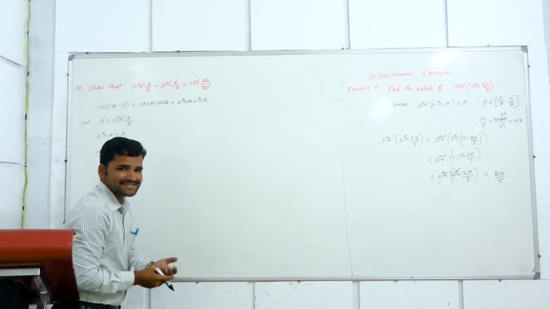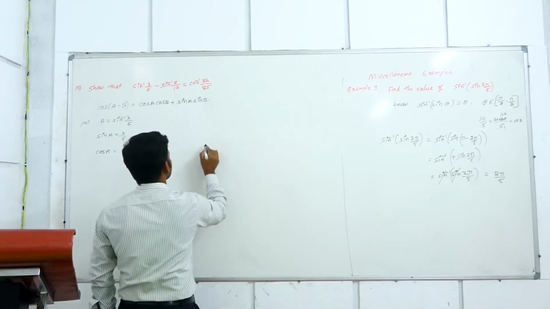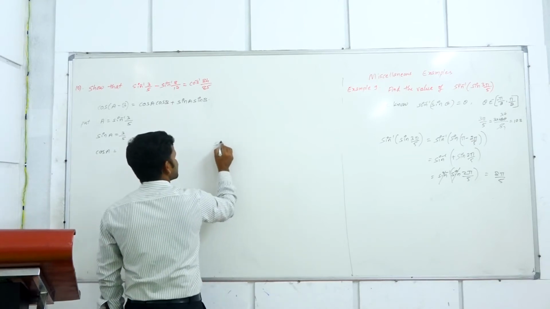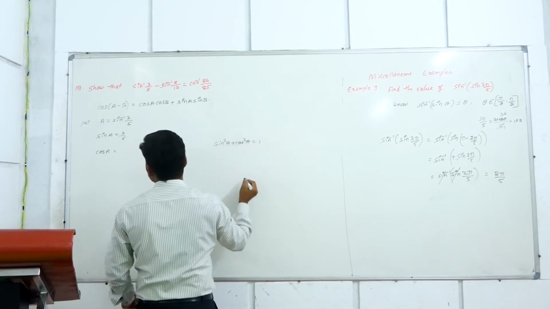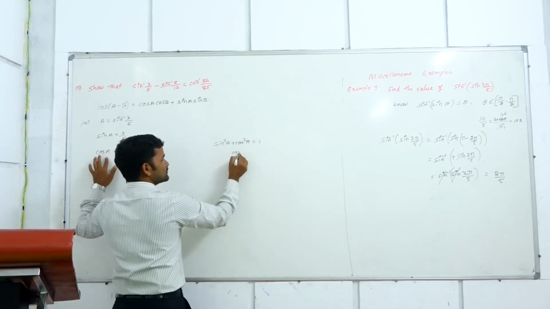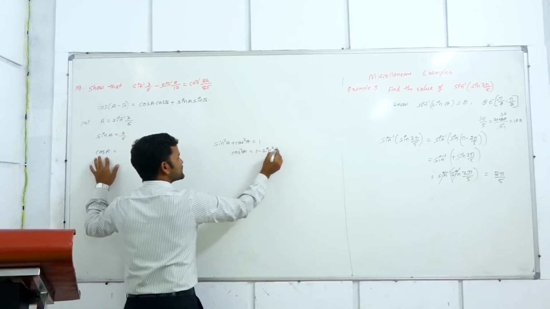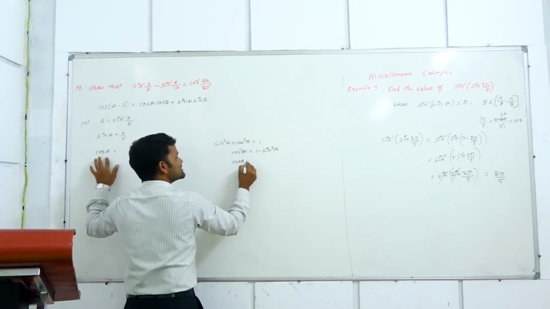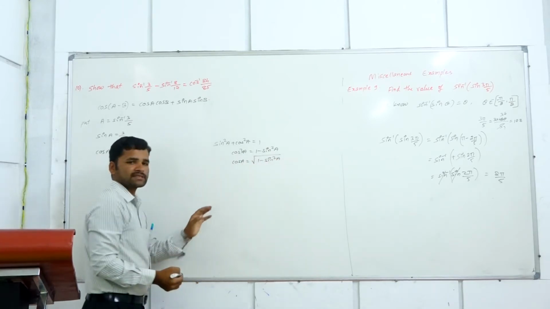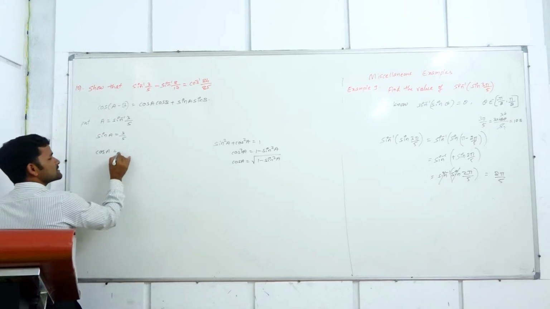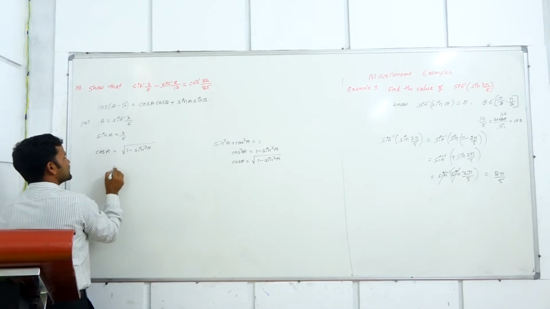We know that sin square A plus cos square A is equal to 1. I want cos A here. So cos square A is equal to 1 minus sin square A. Then cos A is equal to square root of 1 minus sin square A. I am using this formula.